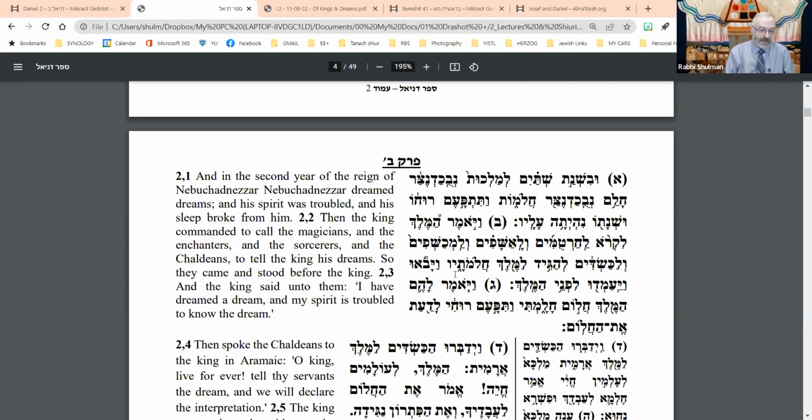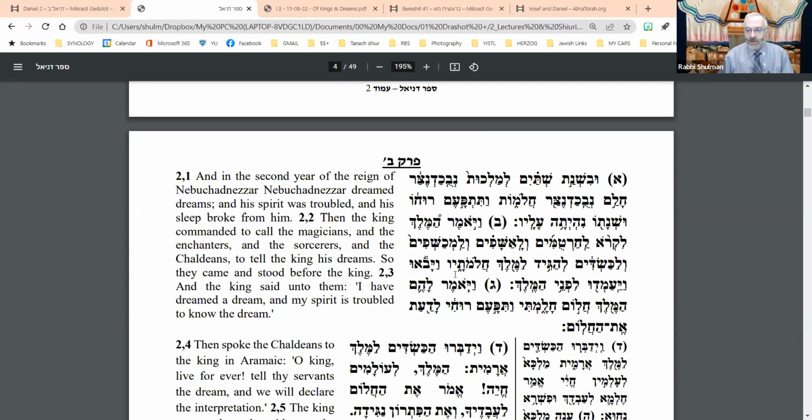That's exactly what happened to Yosef, and that's precisely what happens to Daniel. So that in itself requires some understanding. What is the context here? What is the nature of the dream? Is the dream a kind of prophecy? Is the dream a kind of message, a mission? What's the nature of the dream?